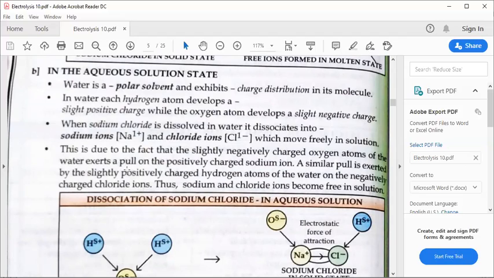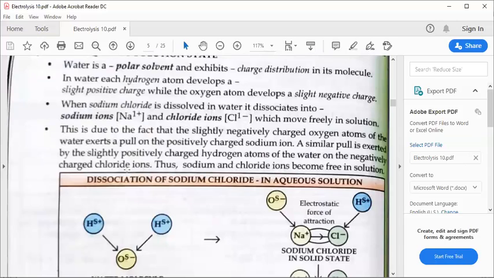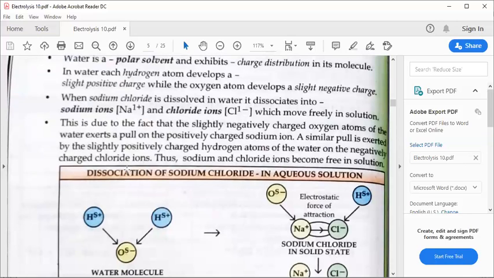Now, how did this happen? We need to understand the reason. The negatively charged oxygen atom exerts a pull on the positively charged sodium ion and tries to break the bond, because NaCl has a strong electrostatic force of attraction.